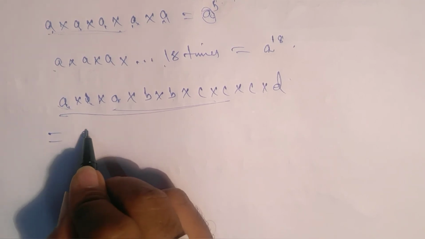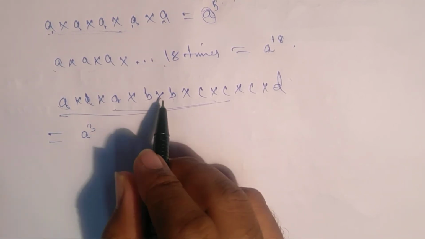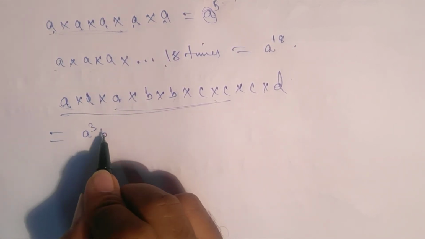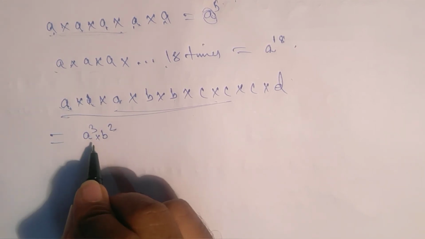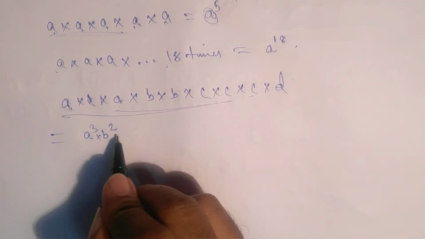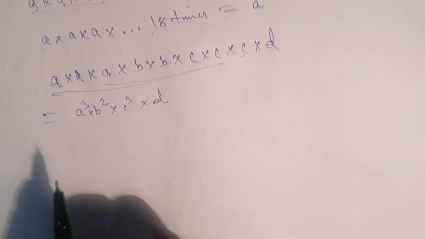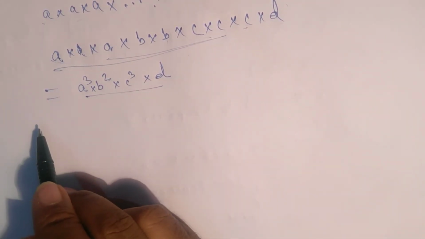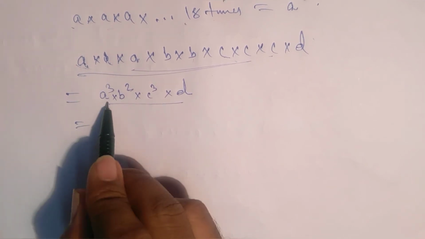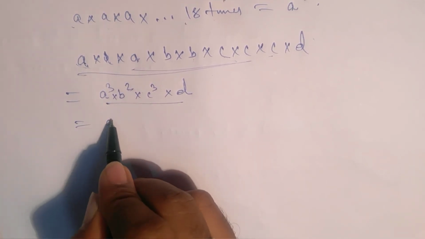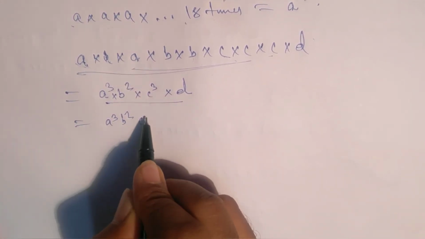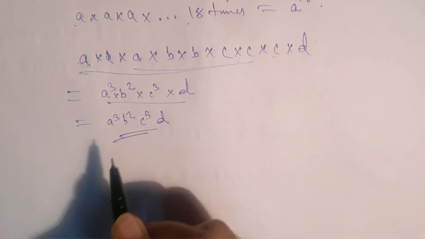So we will write a to the power 3, and then b how many times? 2 times. So b to the power 2. There is a multiplication symbol, and then c repeats 3 times, so c cubed, and d, only one time we keep it. Now see, these all are variables, so we'll avoid the multiplication symbol, so we can write here a cubed b squared c cubed d. This will be our answer.